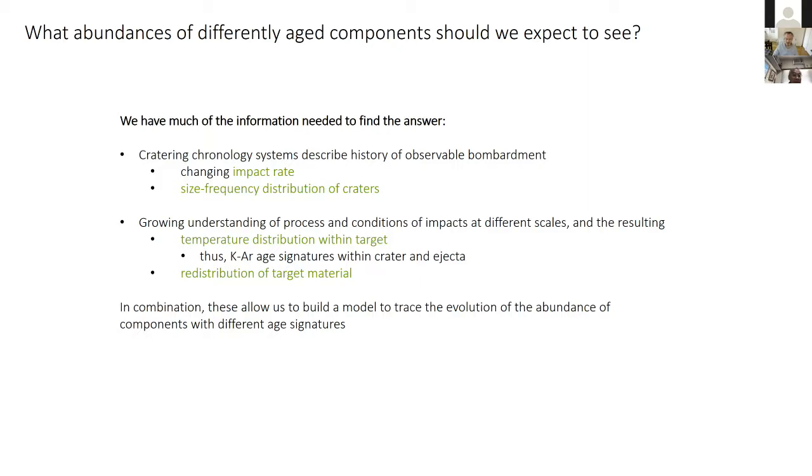Single impacts have been studied very well, and we don't know about large basin impacts, but these have been simulated with finite element models and different kinds of models, so that we have at least some understanding of how ejection works at all scales. And if you put these two things together, this allows us to build a model that traces the evolution of the abundance of components with different age signatures across the surface of the moon.